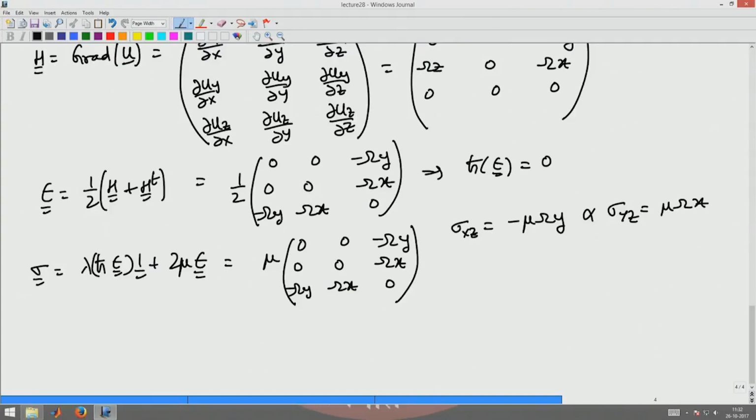Okay. The equilibrium equations are, I am assuming there are no body forces and the body is in static equilibrium.